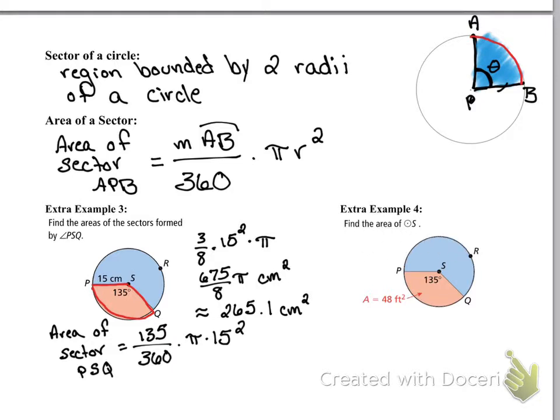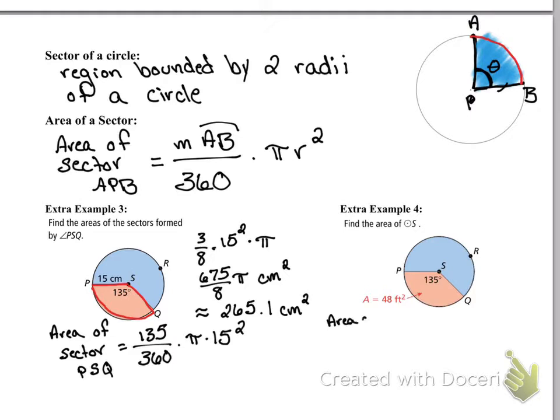We want to find the area of the whole entire circle. We know the area of this sector in here is 48 square feet. So I know the area of the sector. Let's write that equation down.